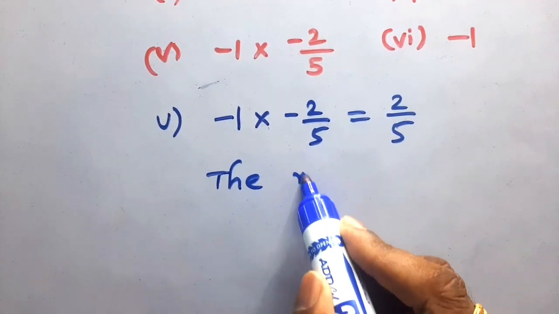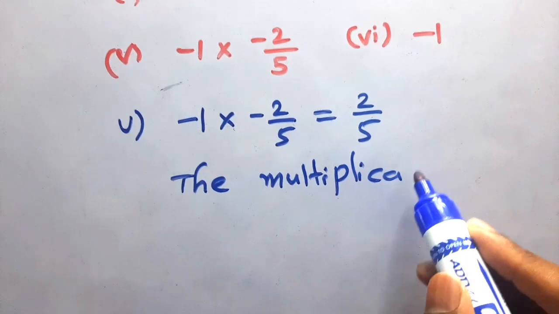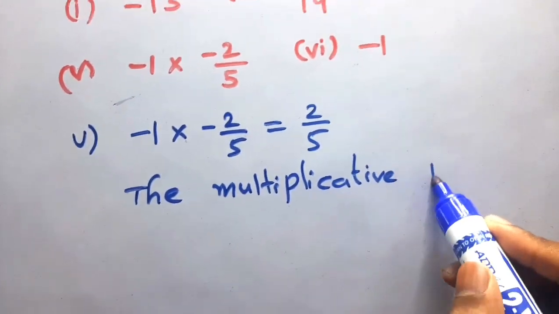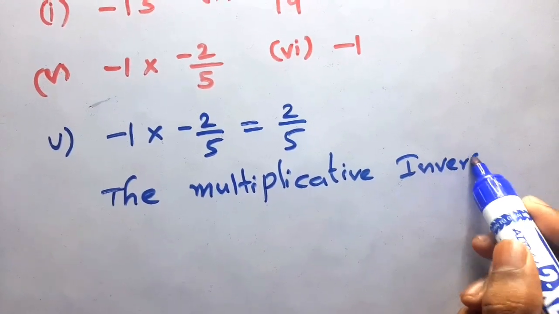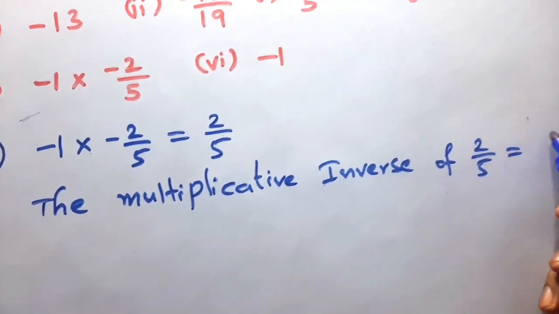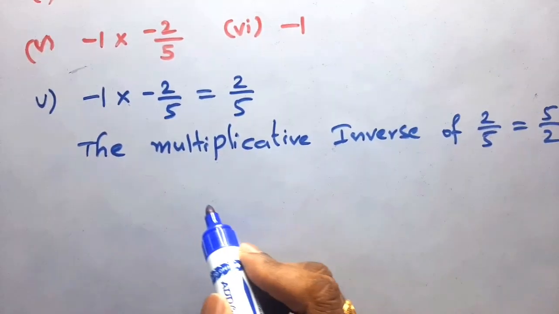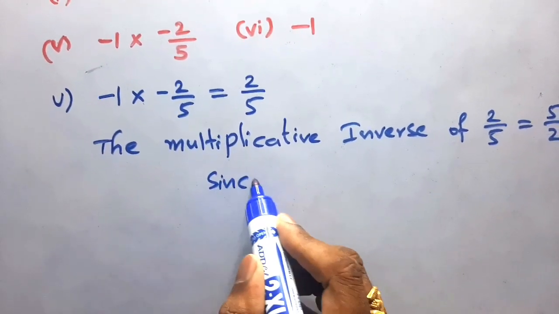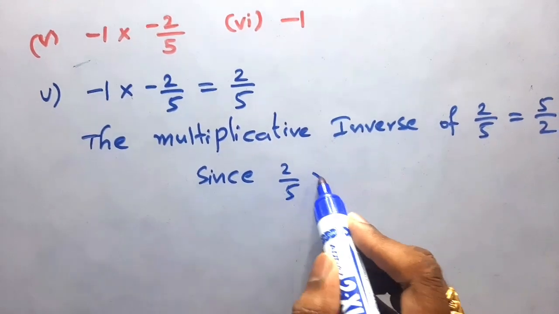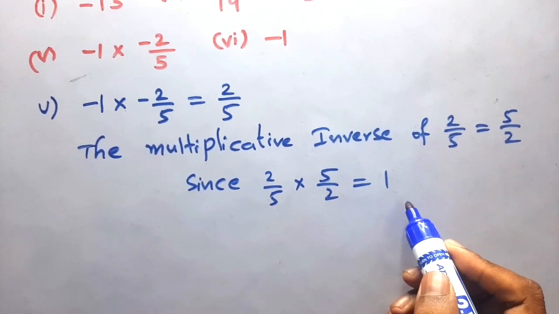The multiplicative inverse of 2 by 5 is 5 by 2. Why? See the reason. 2 by 5 times 5 by 2 is equal to 1.